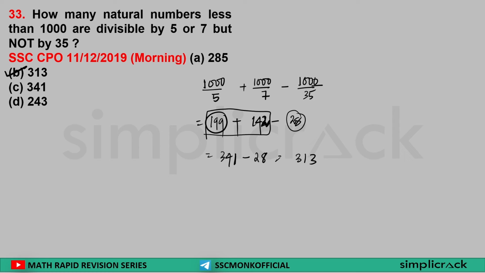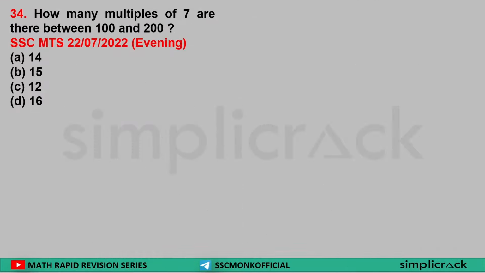Clear? Next. How many multiples of 7 are there in between 100 and 200? Okay. Now 100 and 200. Sir, I know the last multiple which is less than 100 is equal to 98. Okay. So the next one will be starting from 7 into 15, 105. 7 into 16 something. This will go on, right?